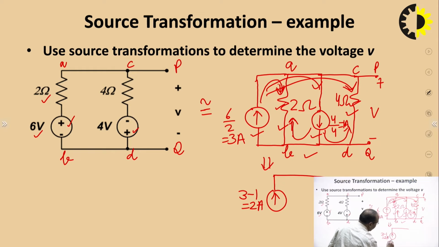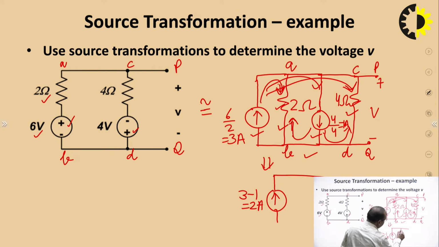And it will have an upward arrow since 3 ampere is the bigger of the 2 currents, and the 3 ampere current source has the upper arrow. That is why the resultant current source, 3 minus 1 ampere, is 2 ampere with an upward arrow.